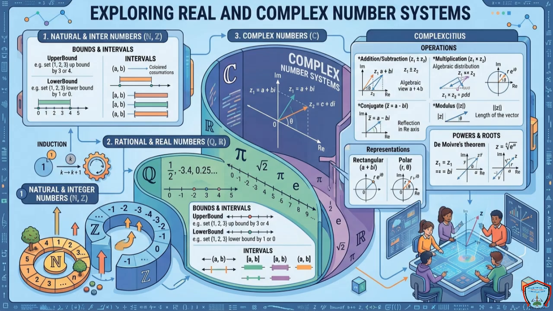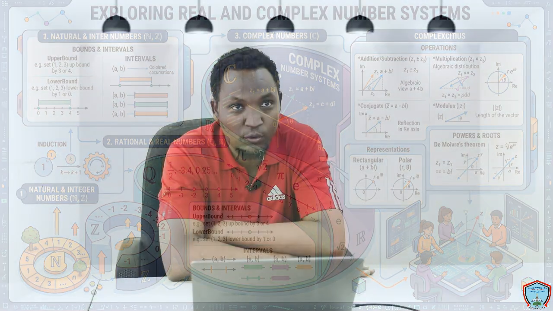Finally, we study order relations among integers. Just as natural numbers can be compared, integers can also be ordered. We use symbols such as greater than, less than, and equal to. Important properties include the law of trichotomy, which states that for any two integers, exactly one of three relationships is true: greater than, less than, or equal to.